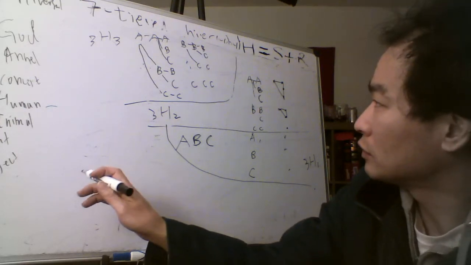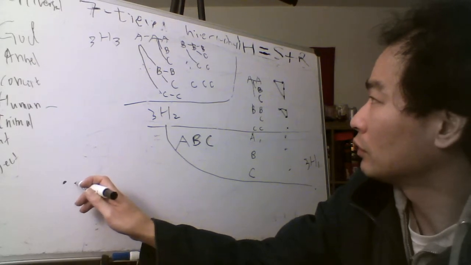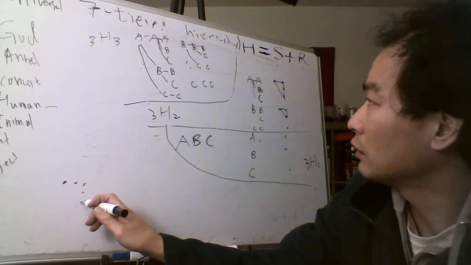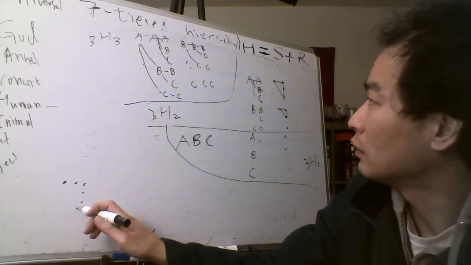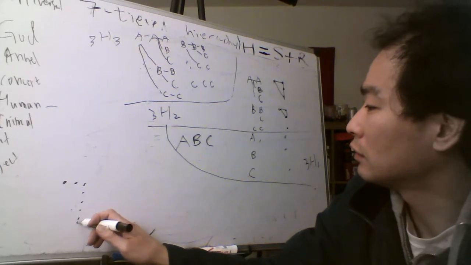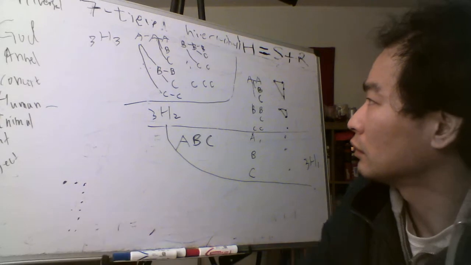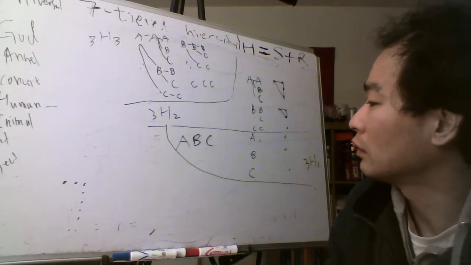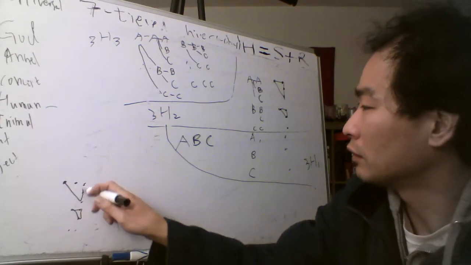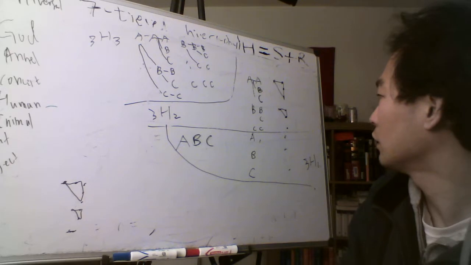Okay, let's try that. You have dot dot dot dot dot. You have dot dot dot, and you have dot dot. So you have kind of a triangle here, triangle there, and just one line, I guess.